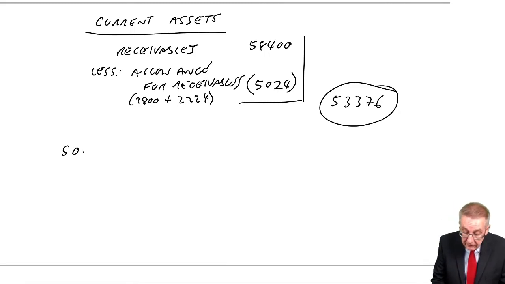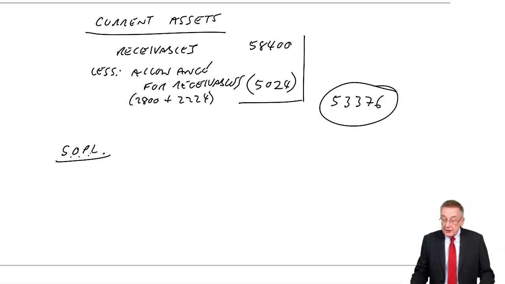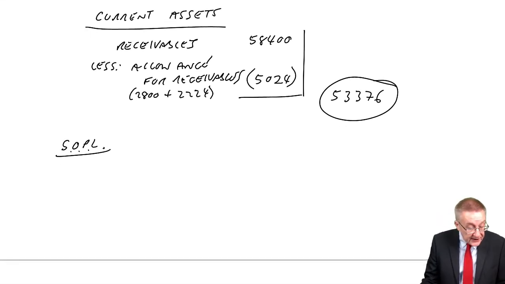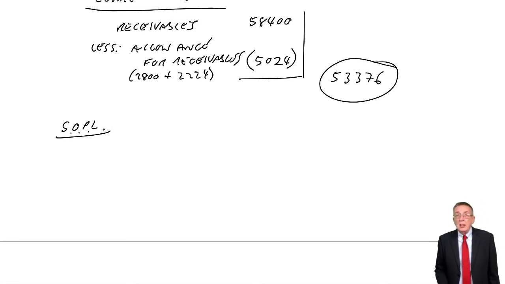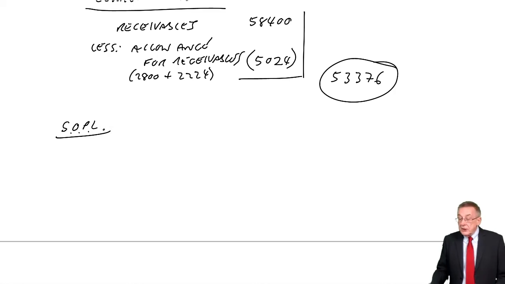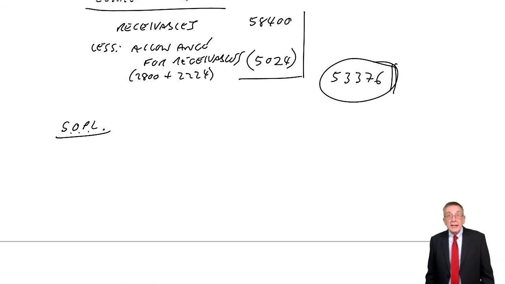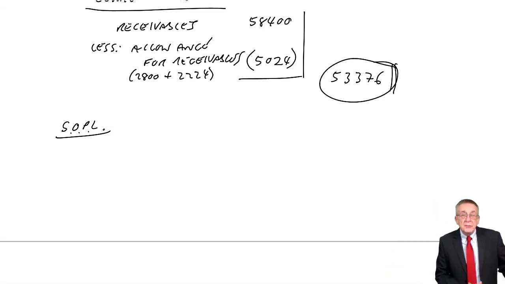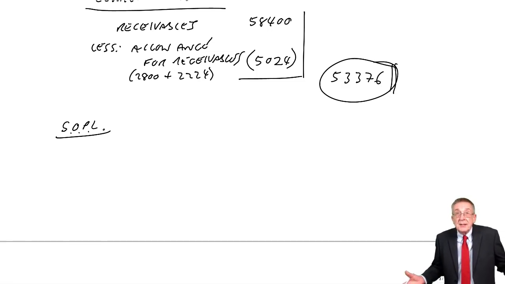Finally, on the statement of profit or loss. Well, there is a cost of doing this, because remember, when I arrived as accountant, receivables were 62,500. We've ended up showing a much lower total of 53,376. And why? Because we removed some irrecoverables. It's costing us money to do that.